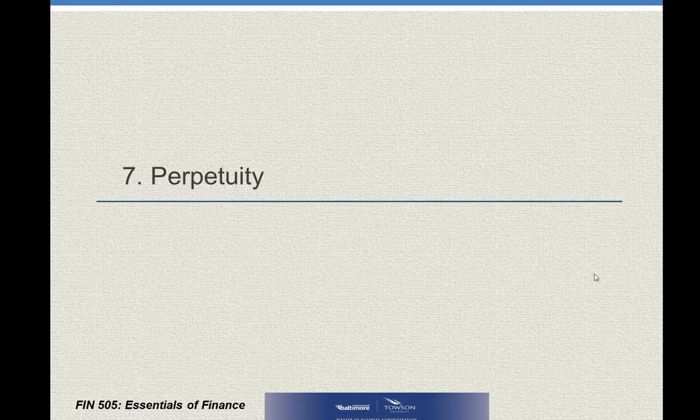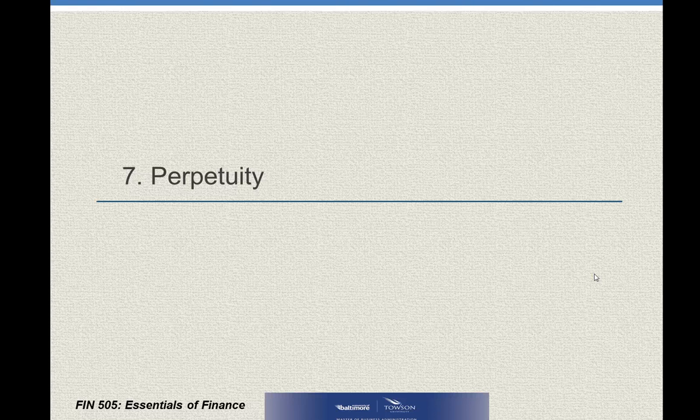So that constant payment lasts forever. So you may ask, in reality, what kind of investment has this feature? You may be wondering, do we really have such an investment? Actually, we do, even though compared with annuity, it's relatively not that common, but we do have cases for perpetuity.